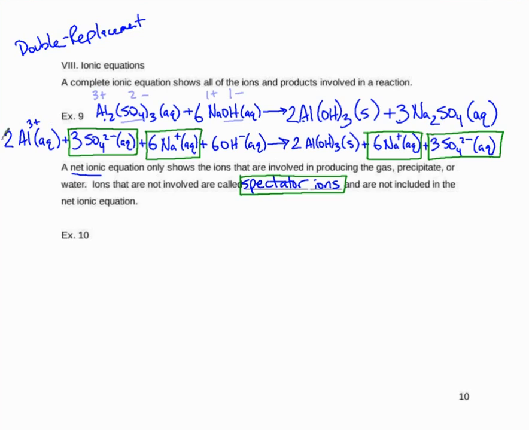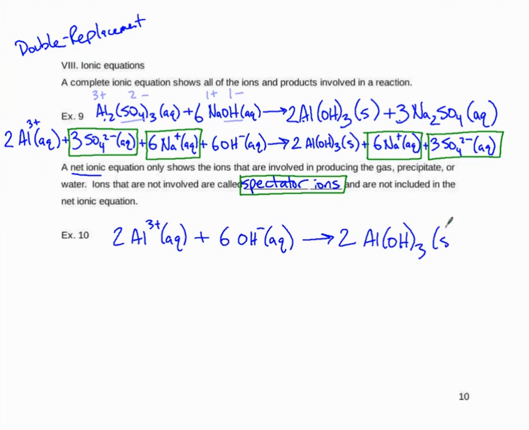We had 2 aluminum ions reacting with 6 hydroxides, aqueous, and it produced 2 aluminum hydroxides, which were solid. This is our net ionic equation. And as you can see, this is much faster.